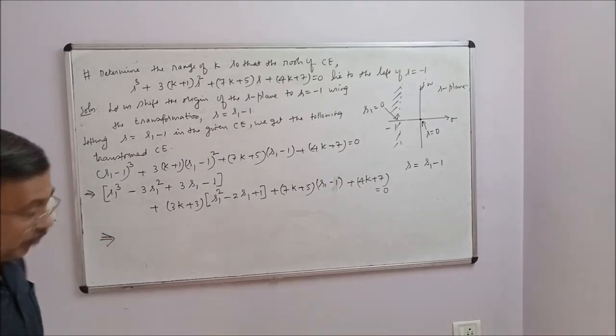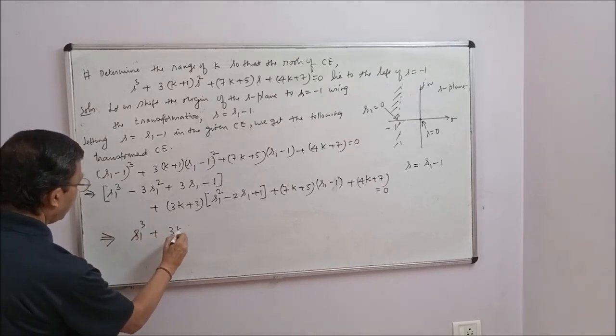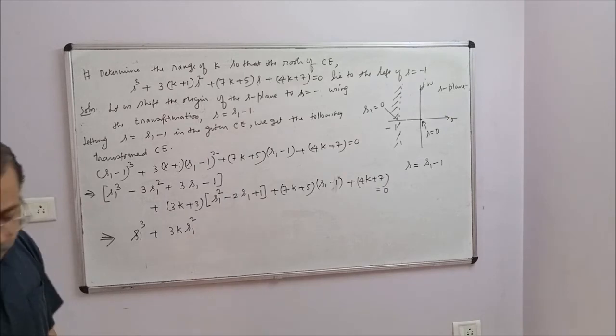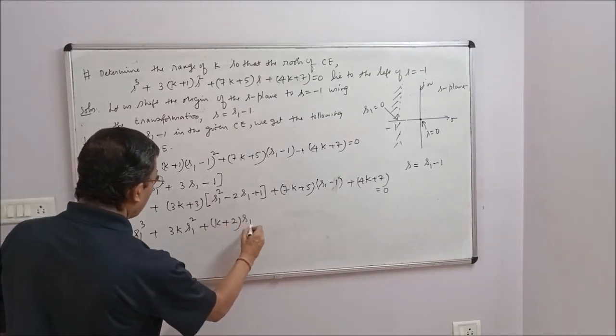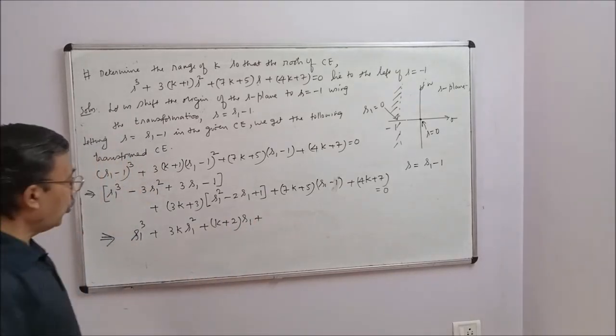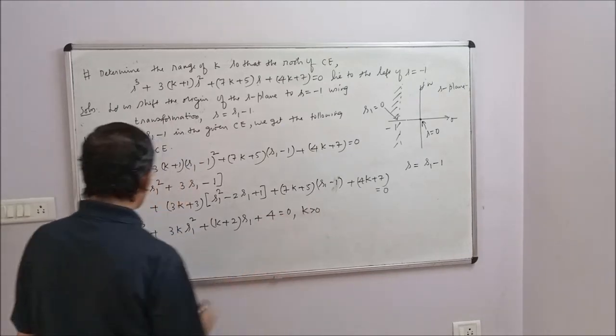The characteristic equation will be s1 cube plus 3k s1 square plus k plus 2 into s1 plus 4 equal to 0, k greater than 0.